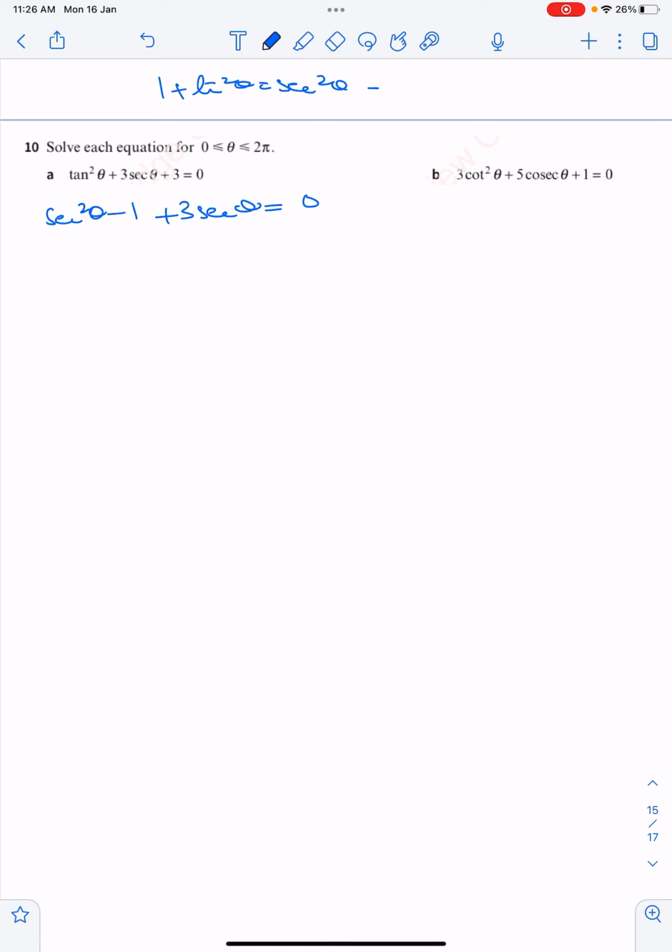to 0. Okay, let sec theta equals to y, so it will be y square minus 1 plus 3y equals to 0. Y square plus 3y minus 1 equals to 0. Since I can't break the middle term in this case, I will have to use the quadratic formula.